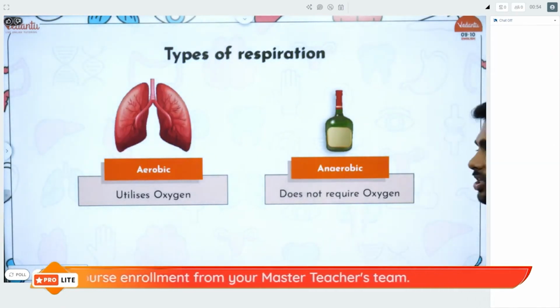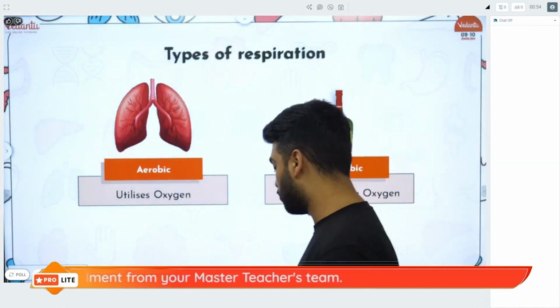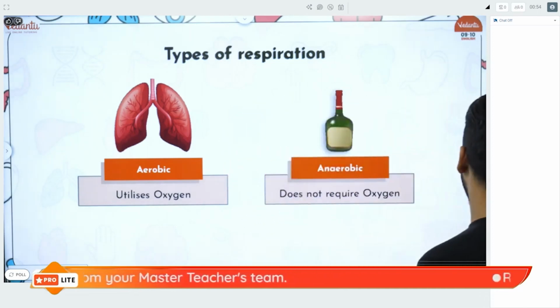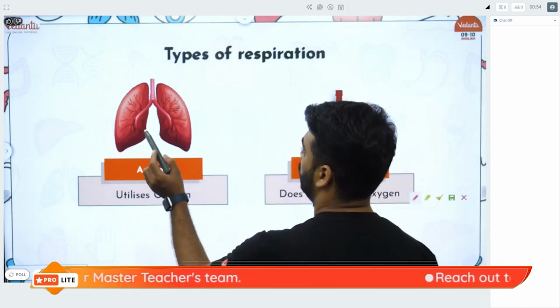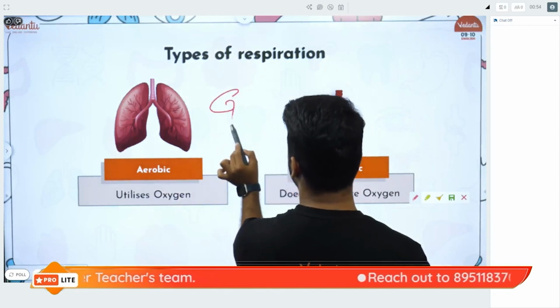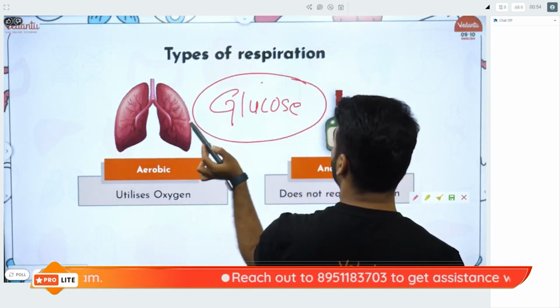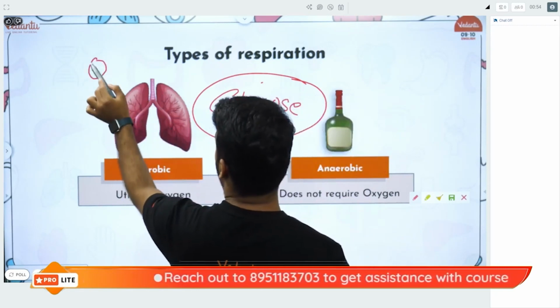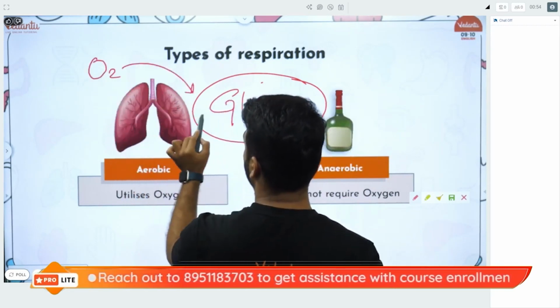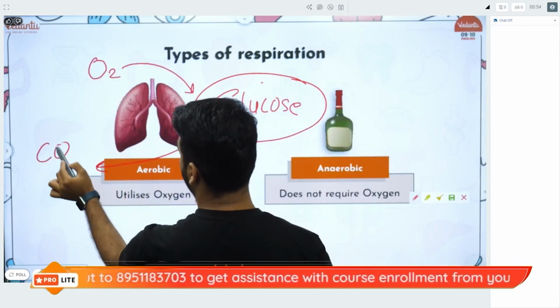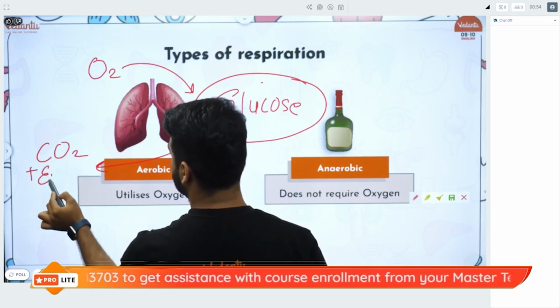Now respiration again is of two types. There is one way in which the glucose takes oxygen to release carbon dioxide plus energy.